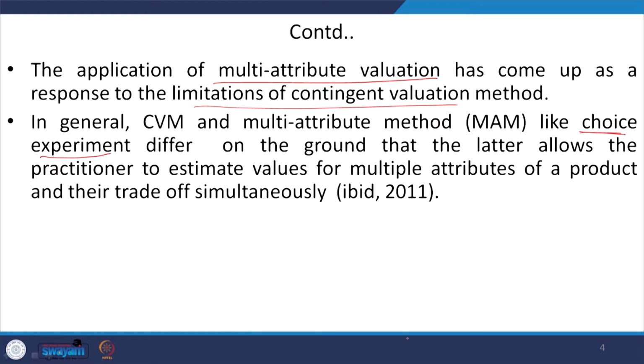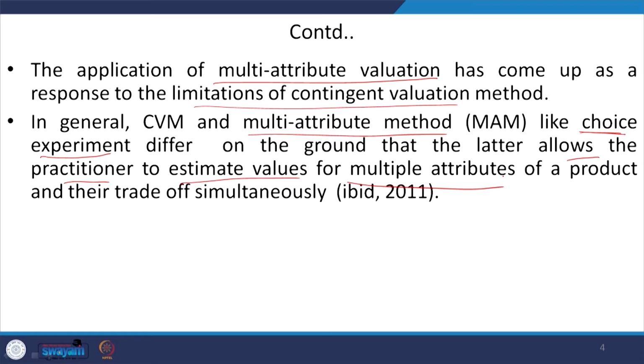In case of this multi attribute method like your choice experiment, these methods allow the practitioner to estimate the values for multiple attributes of a particular product or a particular policy in discussion, and we are also measuring how these multiple attributes are traded off.